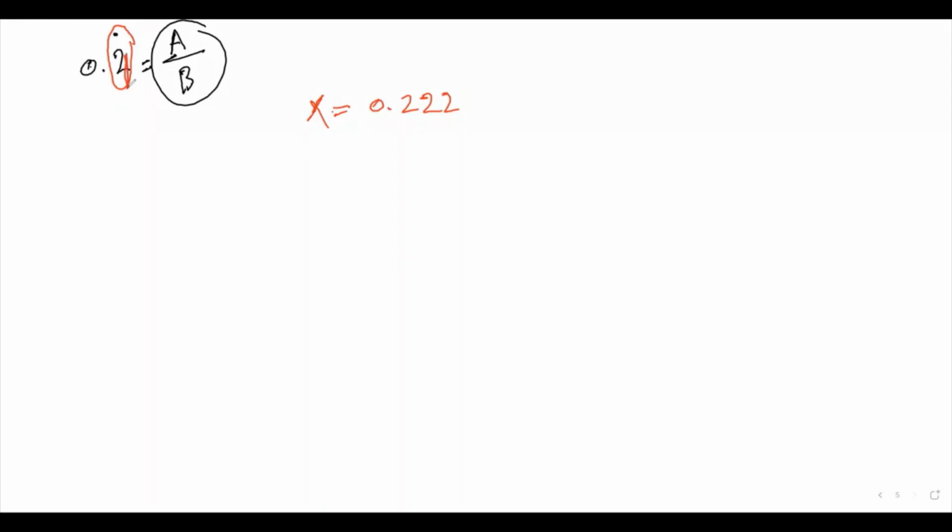So if that's the case, you multiply both sides by 10, which gives us 10x for the left-hand side. And the right-hand side, we have 2, right? When you multiply a decimal by 10, you move the decimal point 1 position to the right, and you get 2.222 with the repetition of 2, right? So I purposely expanded this recurring decimal and showed it in this way so you can see what happens.